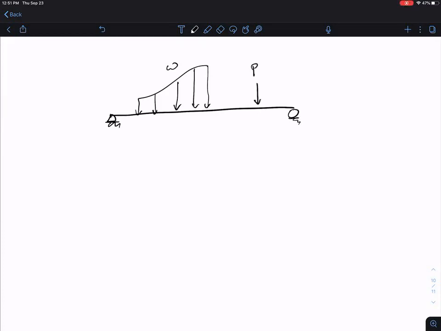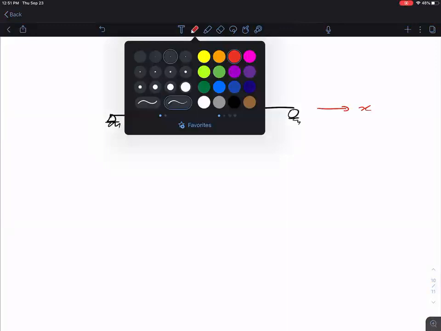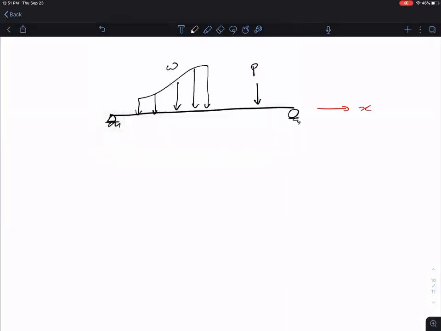And we're focused on the case where the beam is initially straight and it's loaded perpendicular to its local x-axis. So remember, the local x-axis is always along the length of the member. So again, this beam has an arbitrary distributed load. It also has a point load.